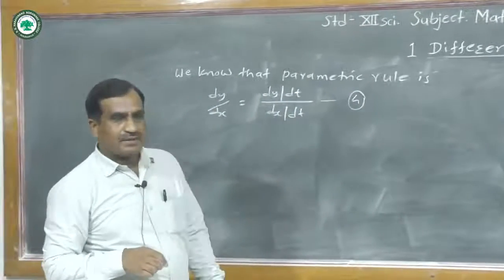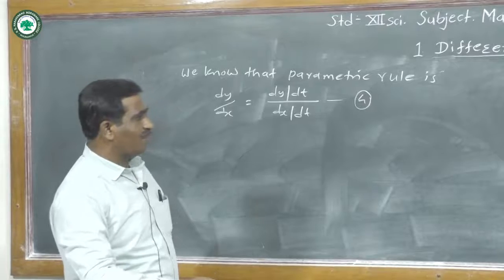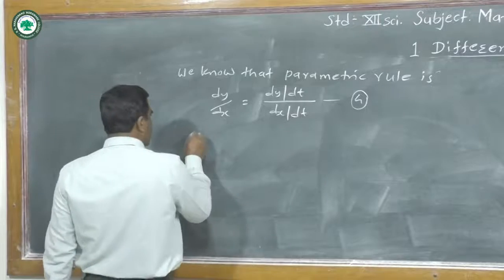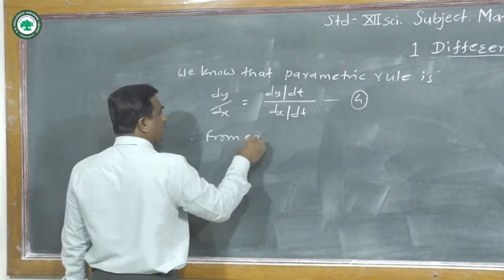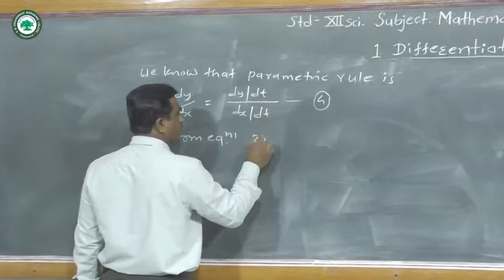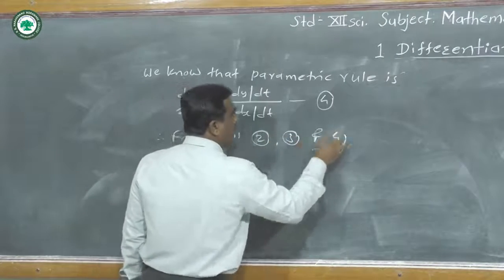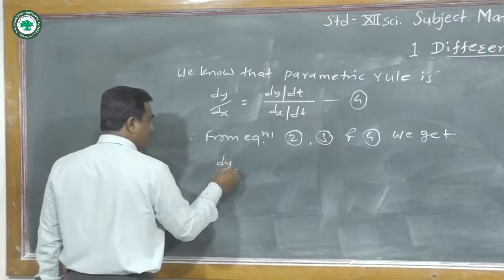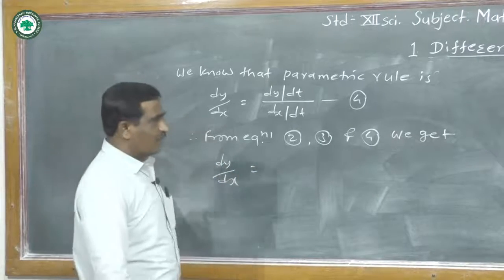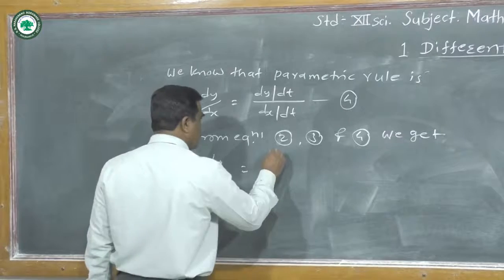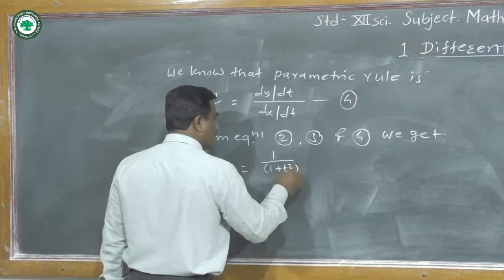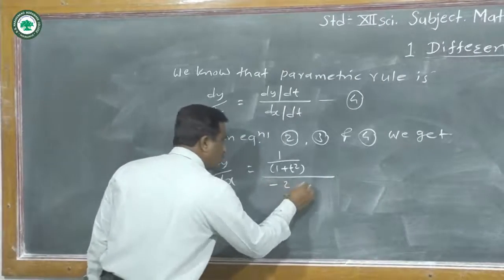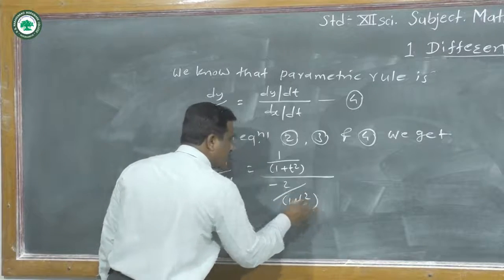From equations 2, 3 and 4, we get dy by dx is equal to the value of dy by dt, 1 upon 1 plus t square, divided by the value of dx by dt, minus 2 upon 1 plus t square.